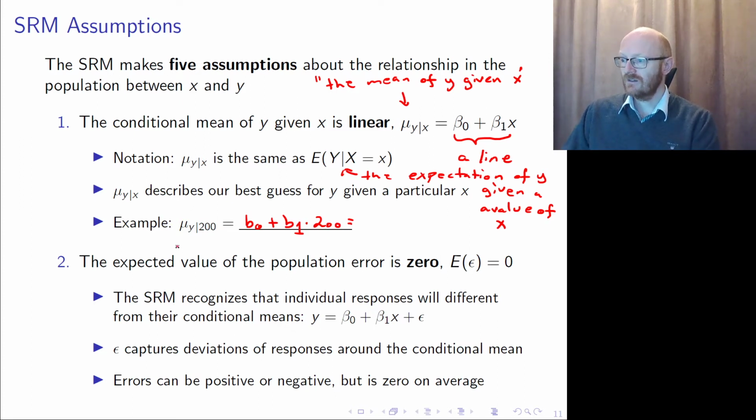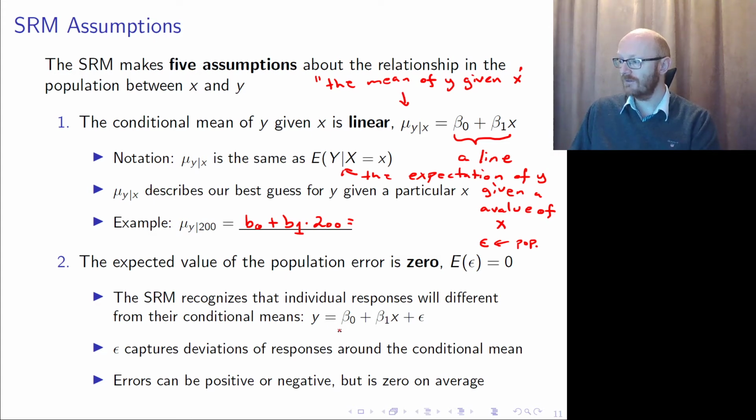The second assumption is that the expected value of the population error is 0. These epsilons are population parameters.